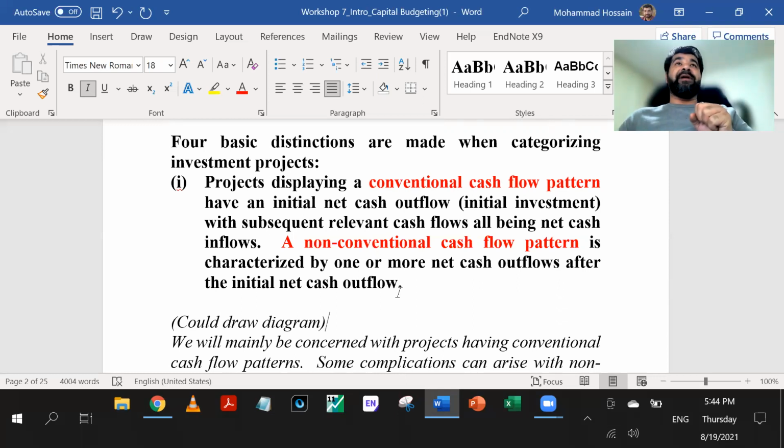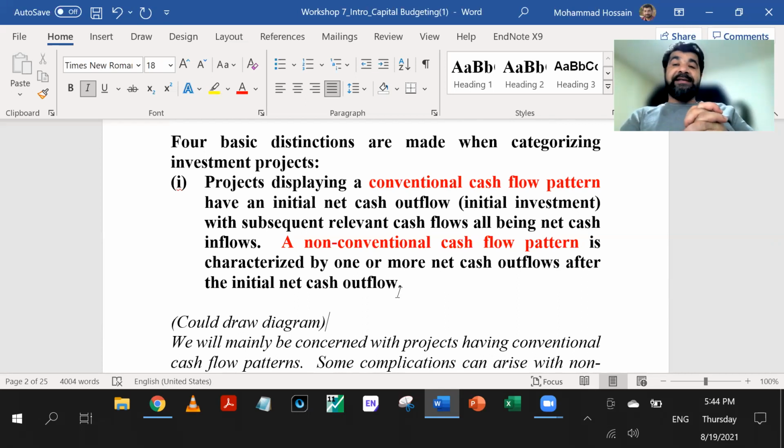This is our main theme in this case. It's a plan on fixed assets: how much we are going to invest and how much return we're going to get from there within how much time.